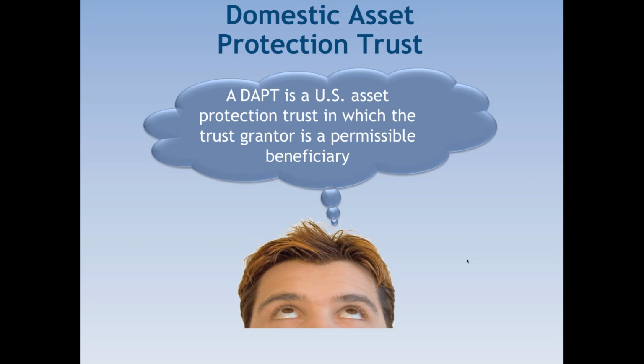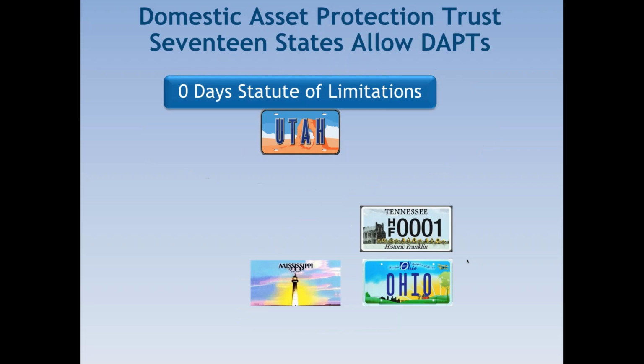It's a lot more expensive than setting up a domestic asset protection trust. Here we talk about a price range of $3,000 to $5,000 to set it up, and if you use yourself or others that you trust as a trustee, you don't have those annual fees. If you use professional trustees, you have much smaller fees than an offshore asset protection trust.